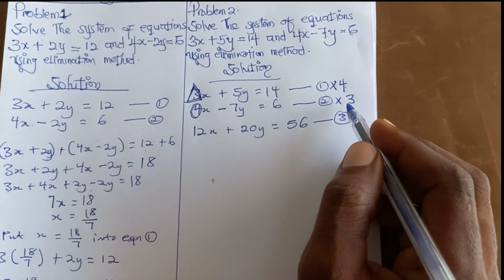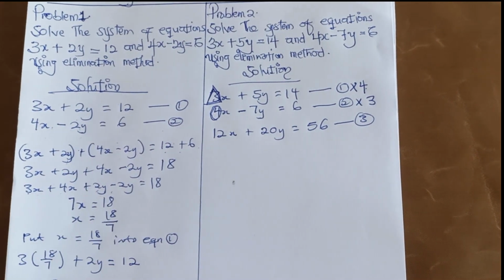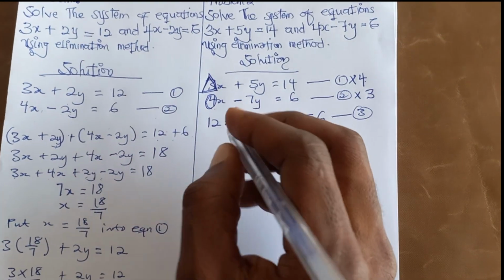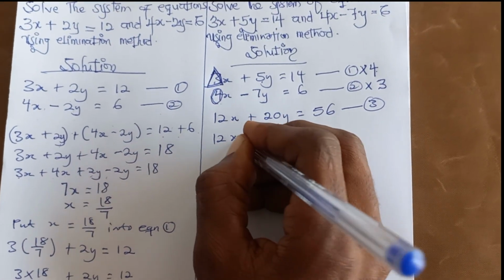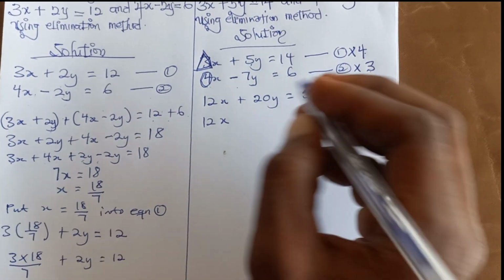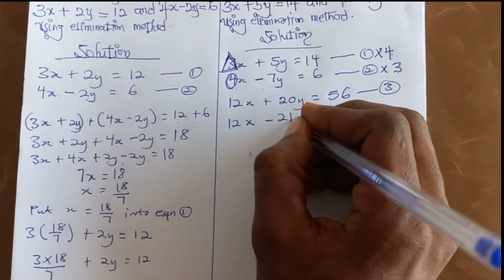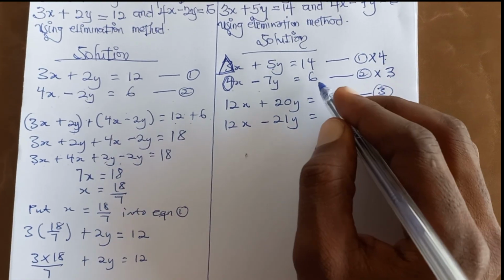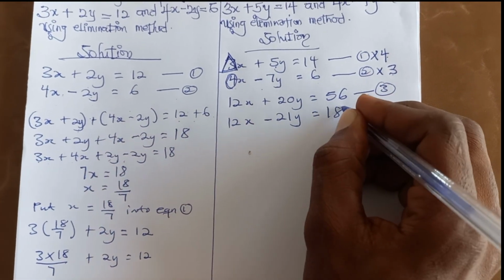Okay, let's do the same for equation 2. So 3 multiplied by 4 gives 12x, 3 times negative 7 gives negative 21y, which is equal to 3 times 6, which is 18.